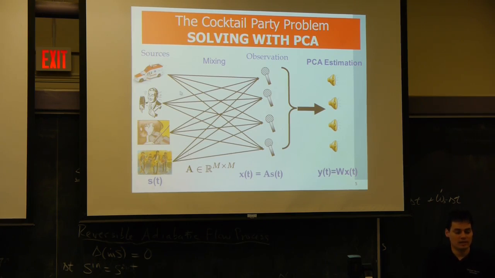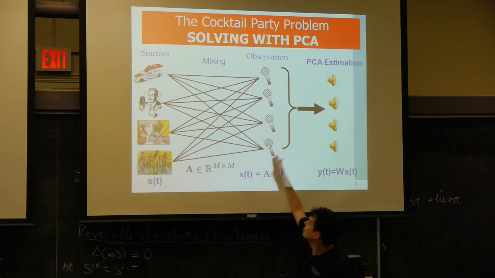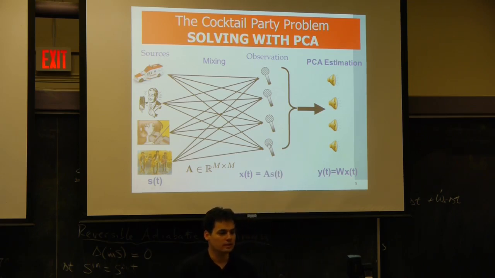But we cannot observe these. What we can observe with microphones is the mixture of everything, right? So we have 4 microphones in this case. So the question is that we have these observations and how to estimate the original signals.